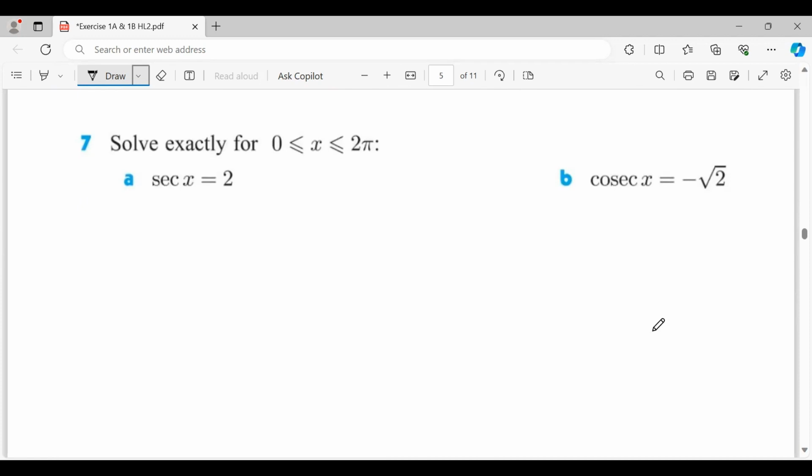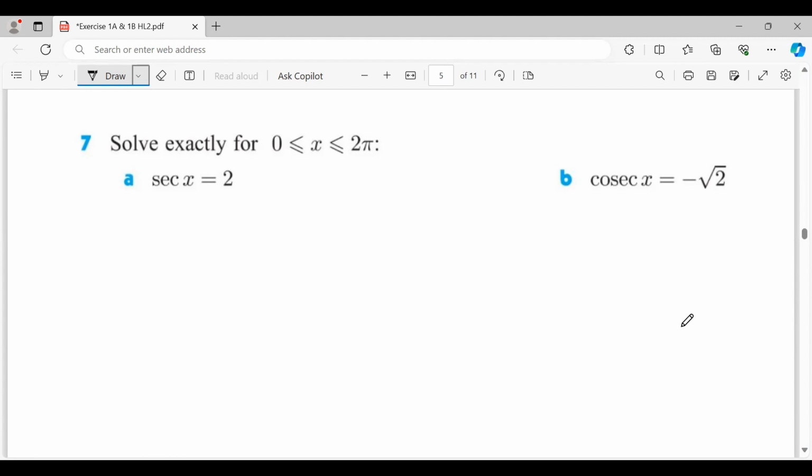Solve exactly for x in the interval 0 to 2π. Secant x equals 2.